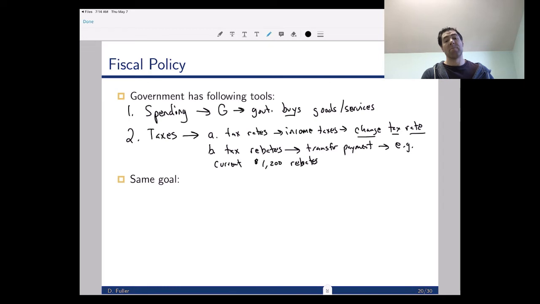That is the government decreasing your taxes, but it's doing so via a lump sum rebate. They didn't change the tax rate that you pay per extra dollar you earn. They're just giving tax rebates.